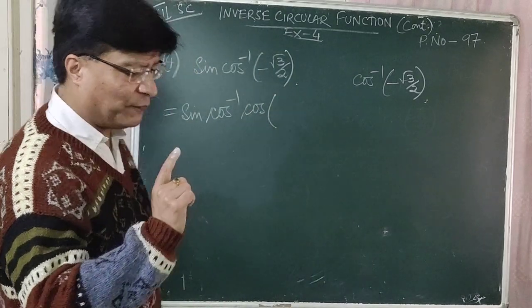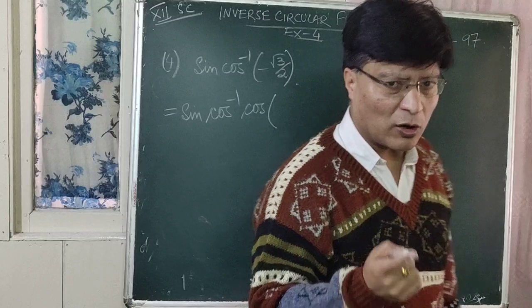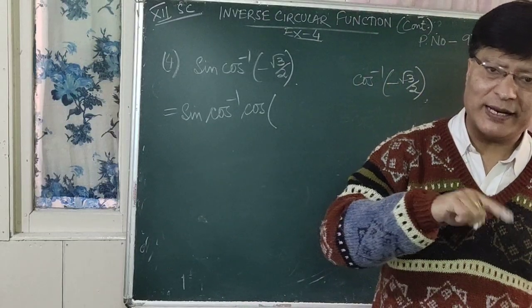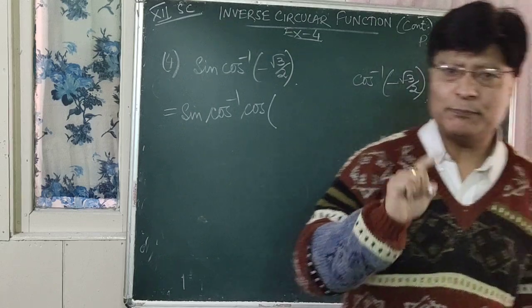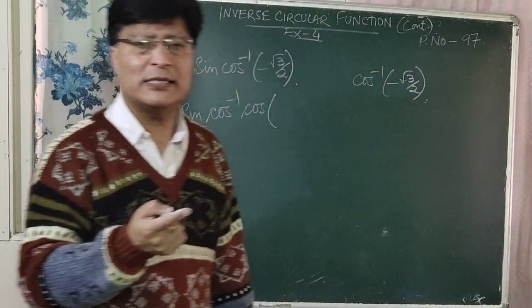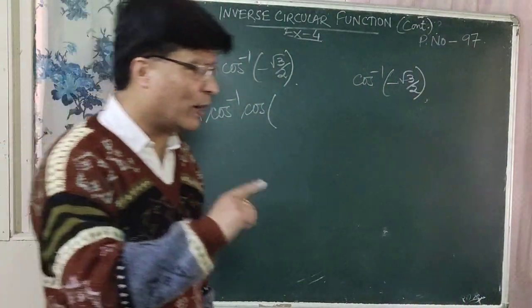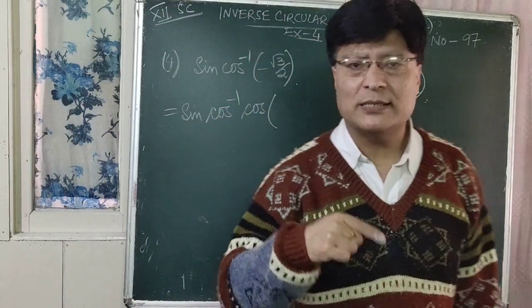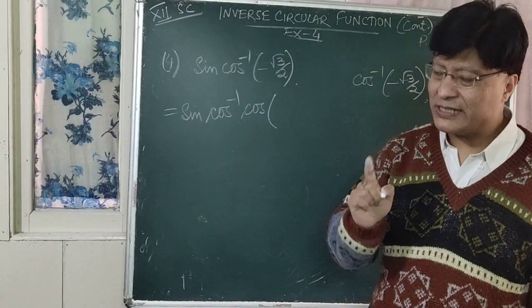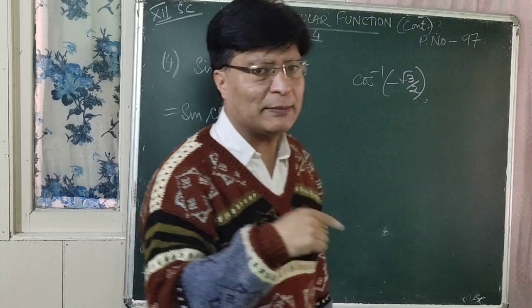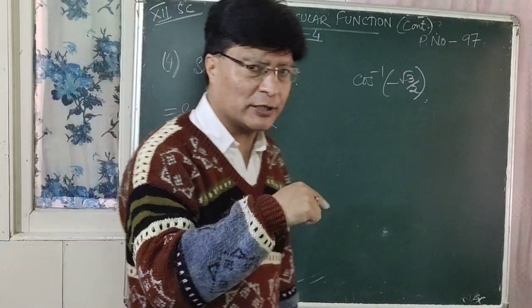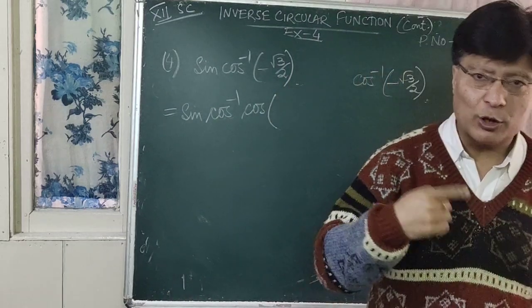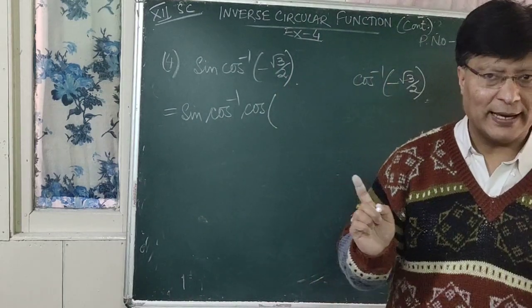Always write, if the angle lies in the second quadrant, always subtract that angle from 180 degree. Don't write 90 degree plus. 90 degree plus also lies in the second quadrant, and 180 degree minus also lies in the second quadrant. But if you write 90 degree plus, 90 is an odd multiple, so the trigonometrical ratio will change, the value will also change, and you may not get the answer.